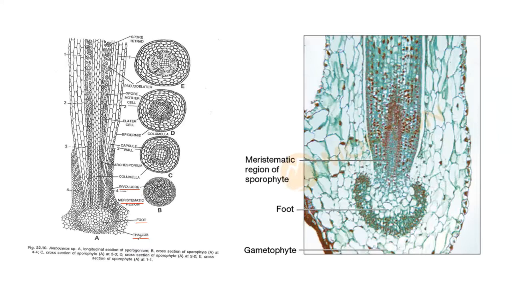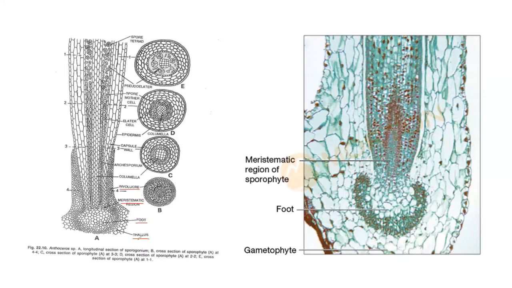The derivative of this zone later differentiate into different parts of the capsule. Because of the presence of meristematic zone, the capsule of Anthoceros is long-lived, and that's the reason why continuous addition of the cells is taking place, and that's why it will keep on elongating. The zone also ensures the continuous formation of spores.